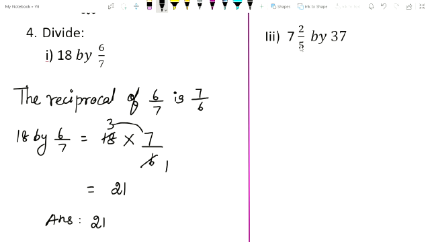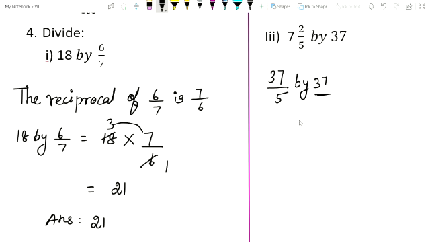7 into 2 by 5 by 37. Here it is in the form of mixed fraction. So you have to convert into improper fraction. Okay. So 5 7s are 35. 35 plus 2, 37 by 5 by 37. So in this case, what you want to do?